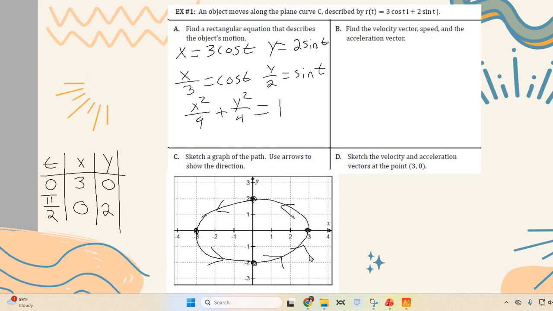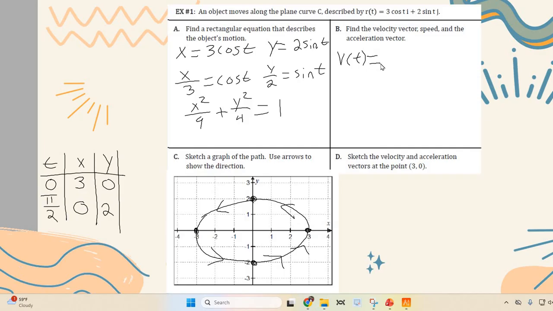Alright, so let's go back to part B. It says find the velocity vector, speed, and the acceleration vector. How do we find the velocity vector? Take the derivative. How many derivatives do we technically have to take? 2. So what do we get there?